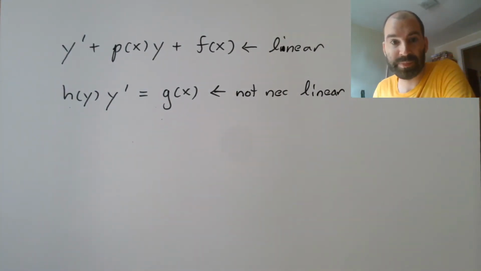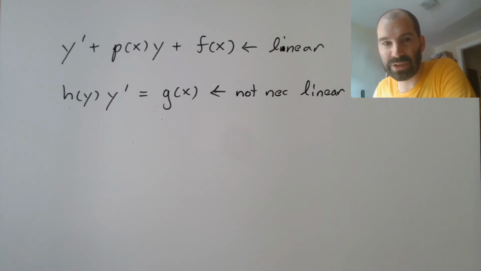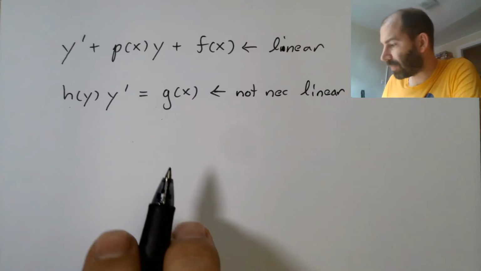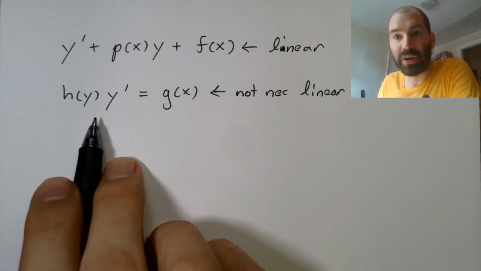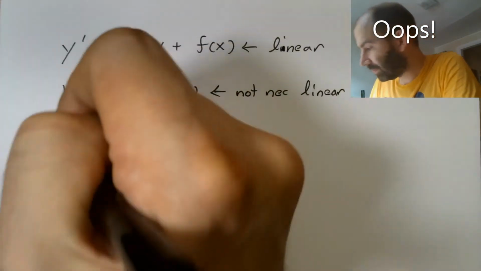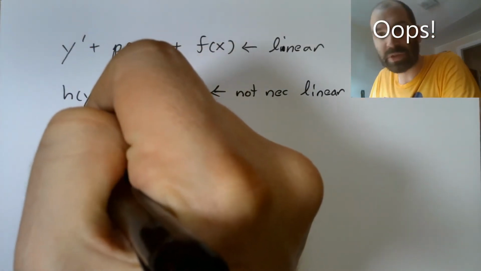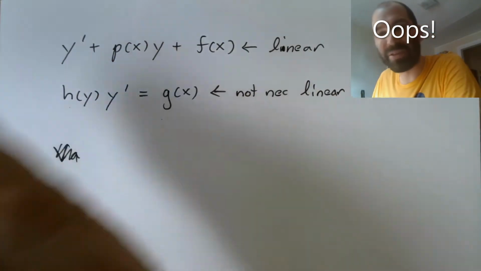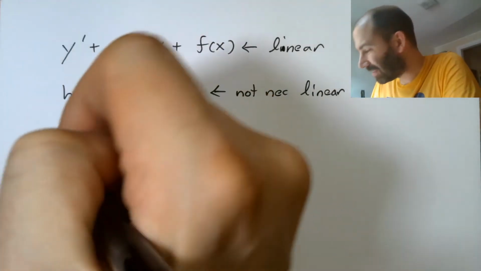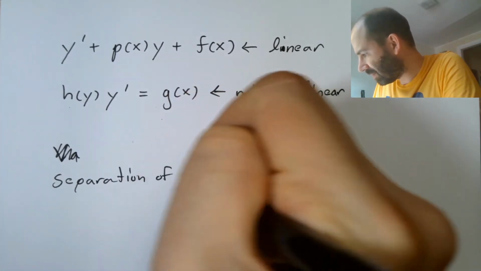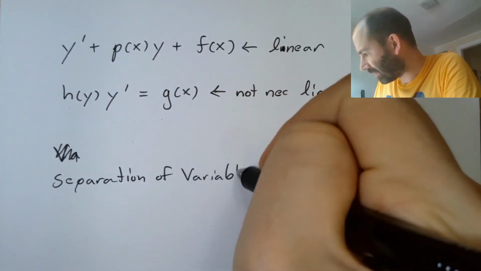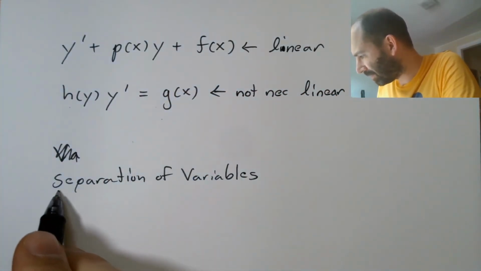So we're going to look at how to solve some nonlinear differential equations today. And the method that we're going to use is called the method of variation of parameters. Sorry. The method that we're going to use is called the method of separation of variables. I was thinking of the method we used in the last video.